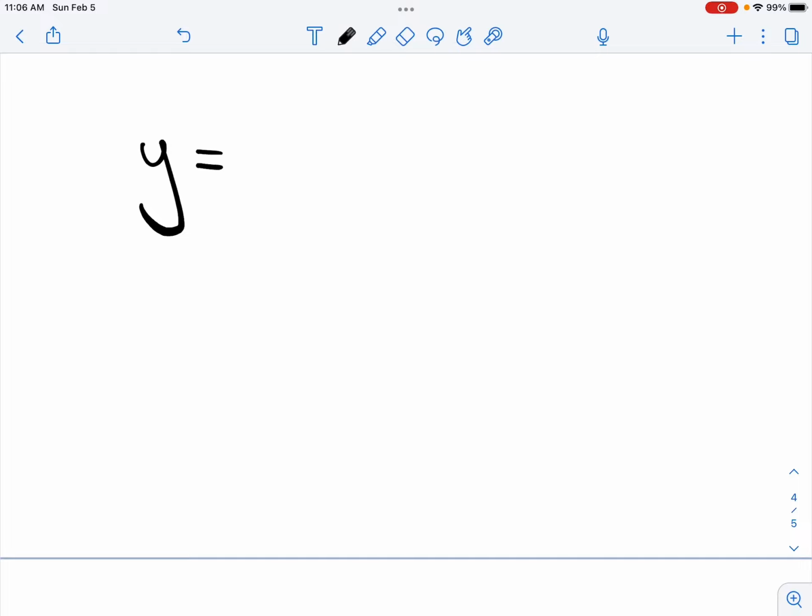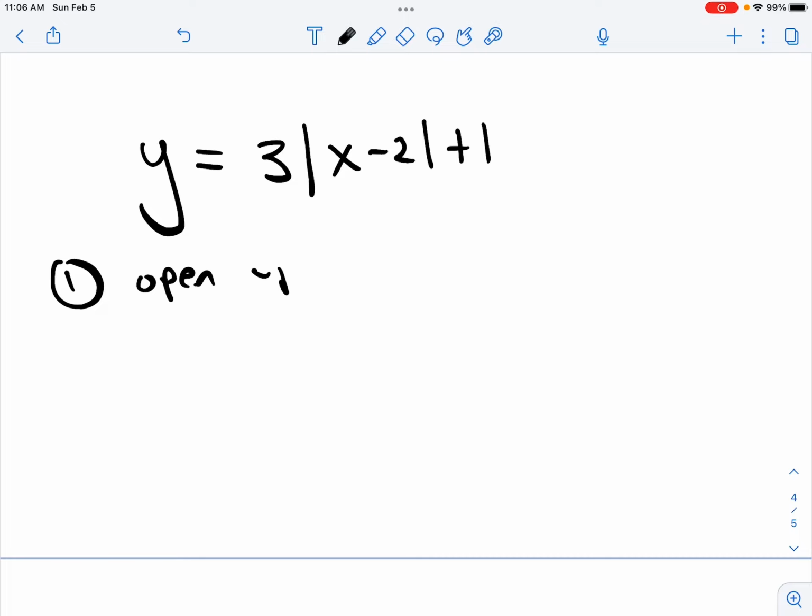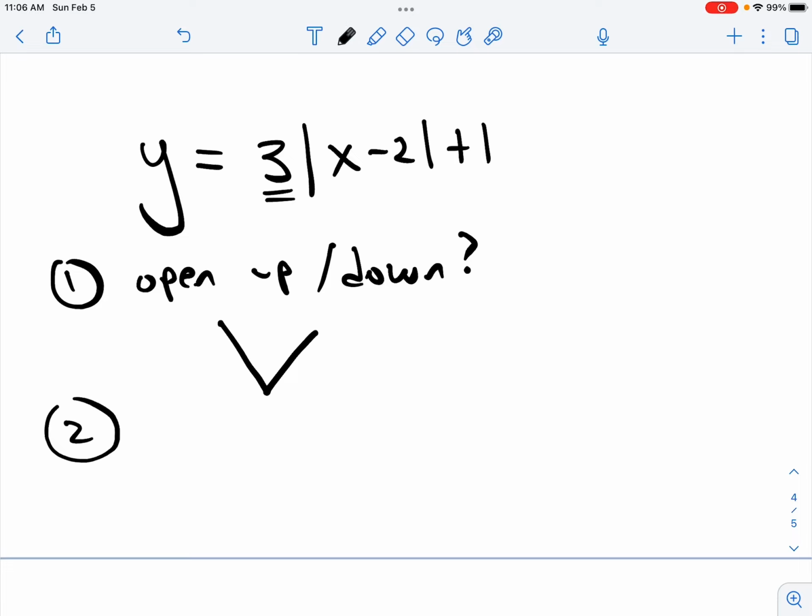y equals 3 times the absolute value of x minus 2, plus 1. First thing we're going to do here is ask, does it open up or down? And because that's a positive 3, it opens up. The second thing we're going to ask is the slope.